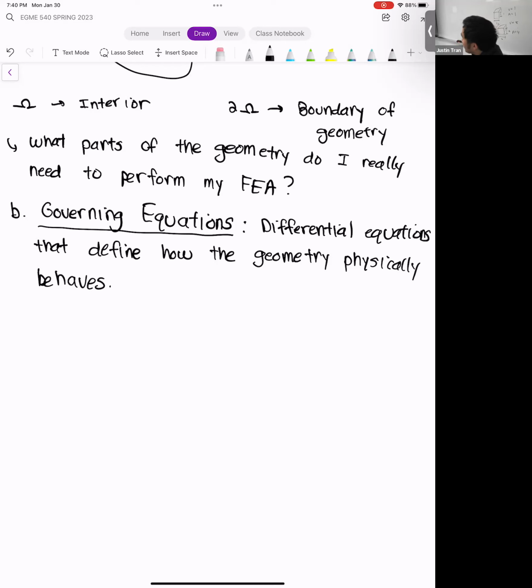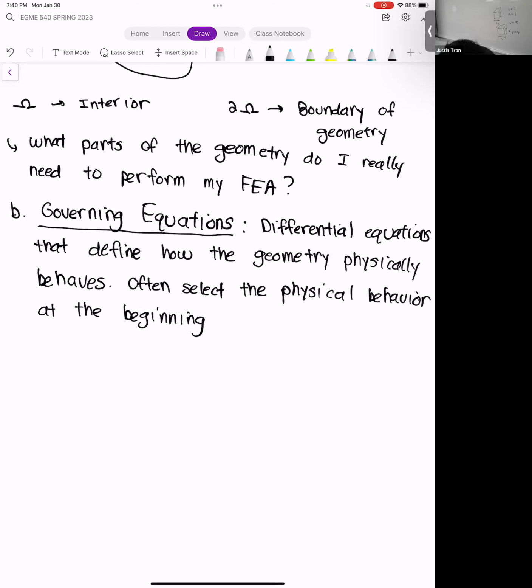Oftentimes when you're doing an FEA, you select the type of physics, or the physical behavior, near the very beginning of the analysis. Obviously, choosing the right equation for your situation is really important.